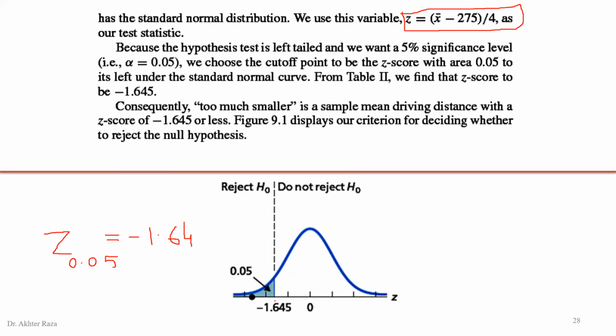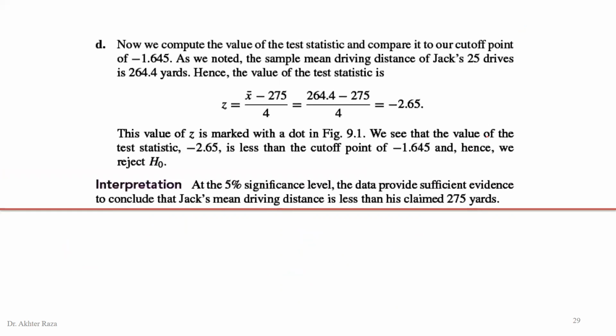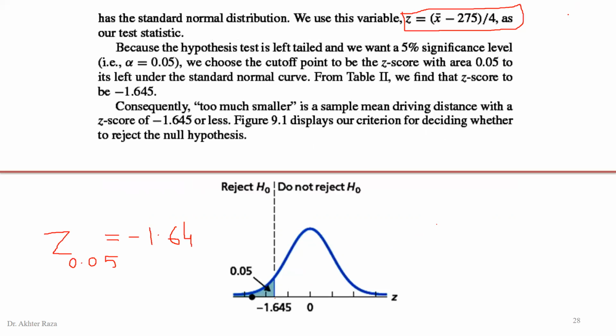The value of Z statistics computed is minus 2.65. So actually, this Z statistics is below minus 1.64 here. This is the value which is indicated here by the black dot. So our decision will be what?